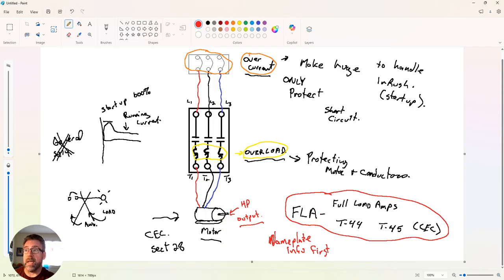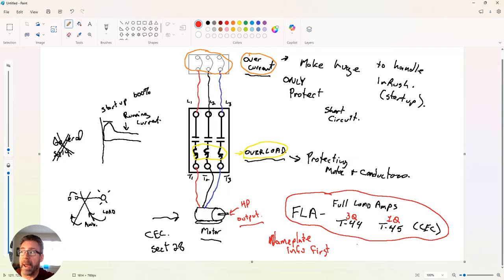Now, when we look at the code book version here, if we don't have nameplate information, we're going to go to Table 44 or Table 45. In those tables, you're going to be very careful because we want to make sure that we're reading correctly. Table 44 is for 3-phase. Table 45 is for single phase.